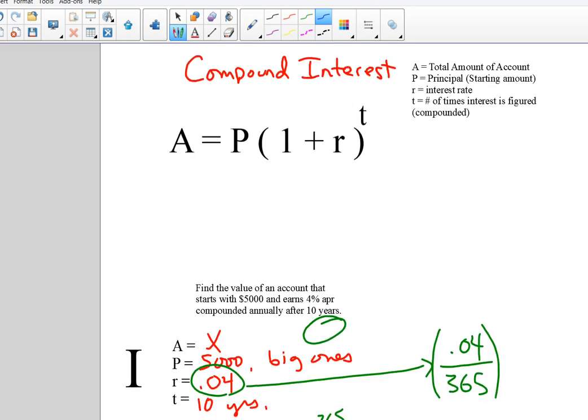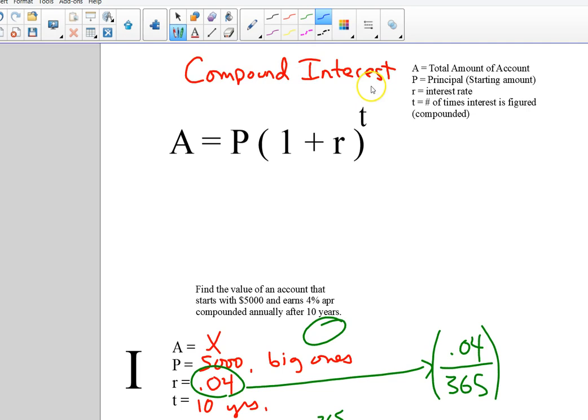The real world works more on compound interest. If we look at it, the variables are all the same. A is the total amount in the account, principal is the starting amount, R is the interest rate. The time is the amount of time, but it's the number of times that the interest is figured out, or compounded.